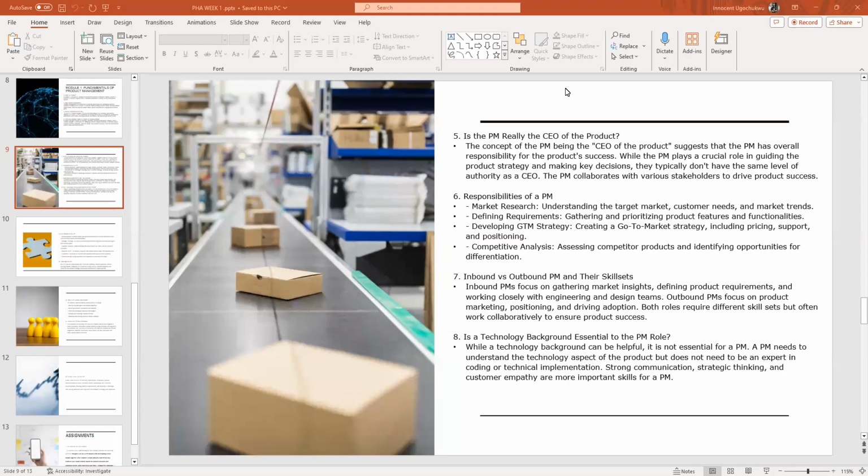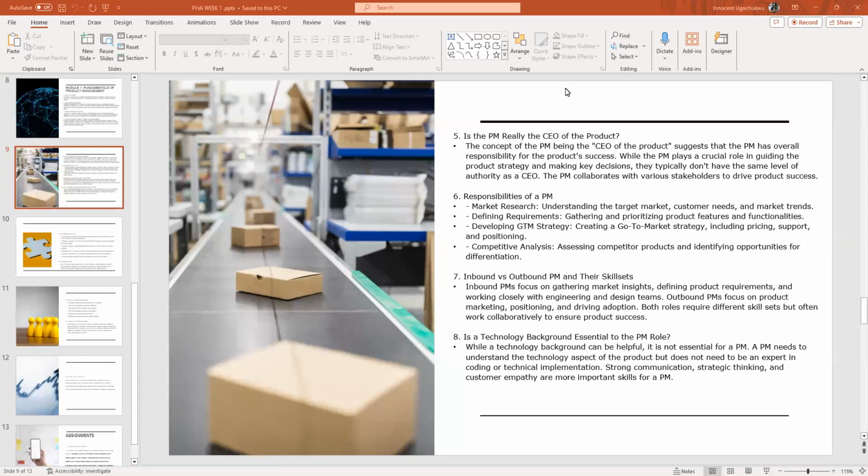inbound versus outbound PM and their skill set. Let's look at this briefly. Inbound PMs focus on gathering market insights, defining product requirements, and working closely with engineering and design teams. We have this kind of PM in big companies like Google.